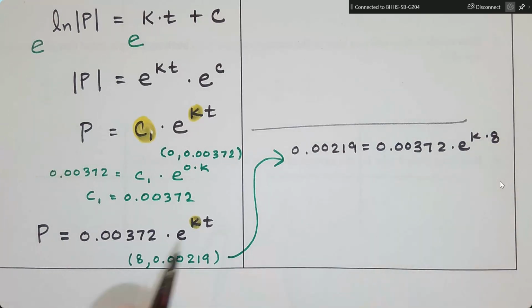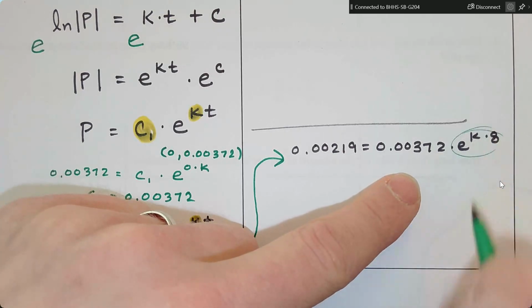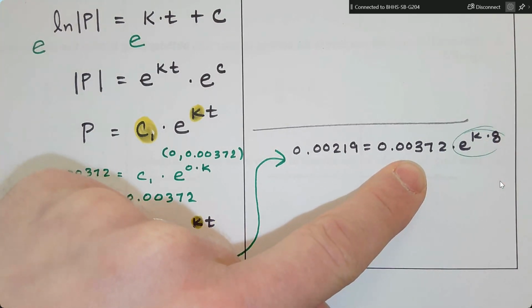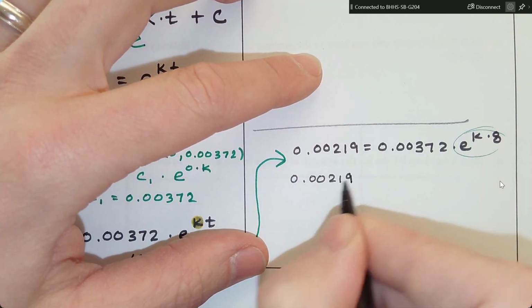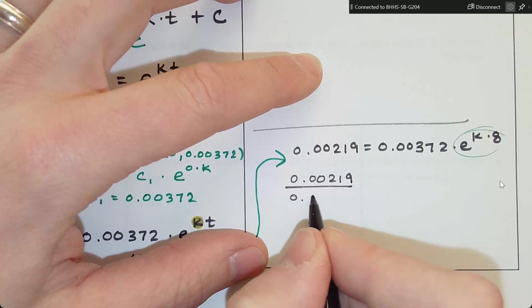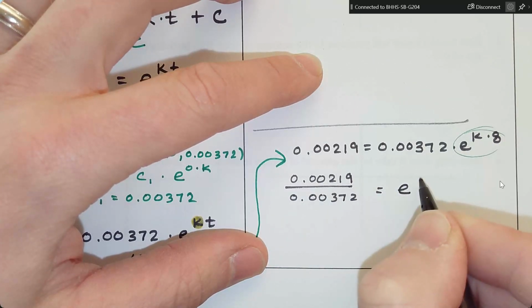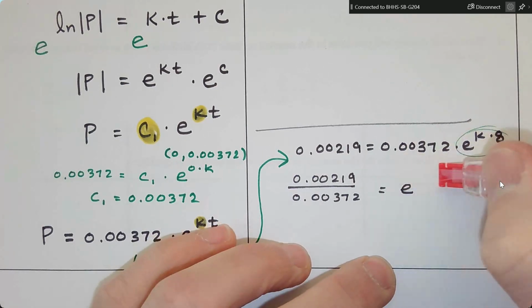All right, so now you got to be able to solve that equation. Let's do it. You want to start by getting this by itself. So you're going to divide both sides by that 0.00372. You're going to get this divided by this is equal to e to the 8k. So let me give myself just a little more space right there.